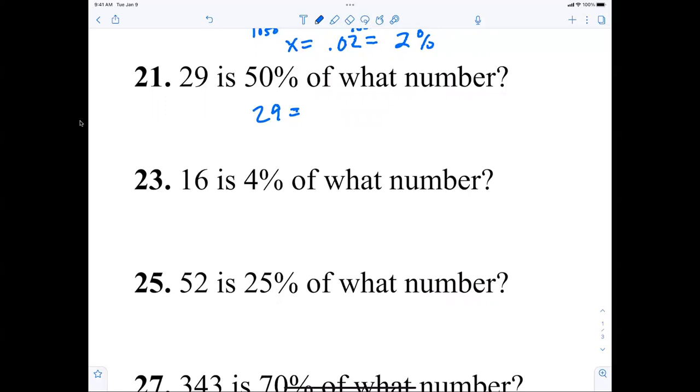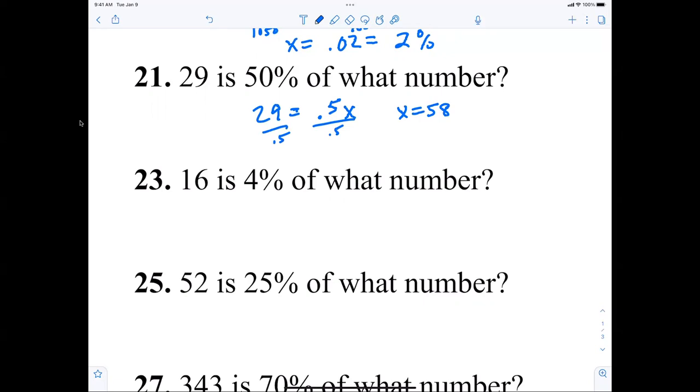I want you to say 29 equals 0.5x, right? And when you divide by 0.5, yes, you're right, you get x equals 58. You're going to make mistakes if you don't set up the equations. That's all I'm trying to tell you guys.